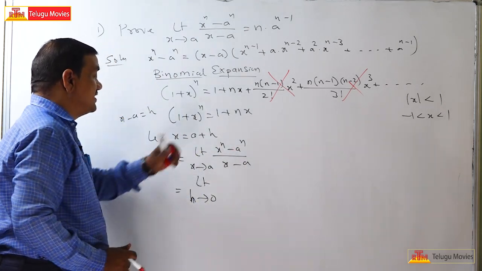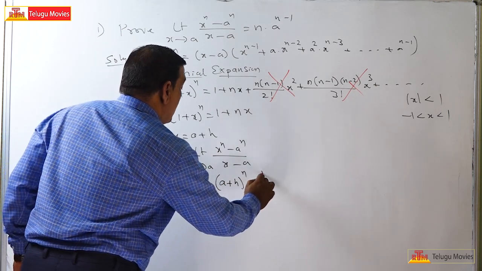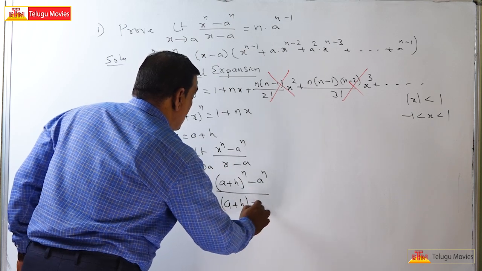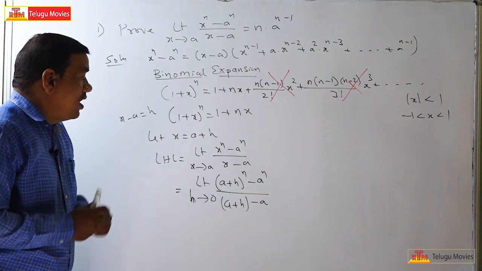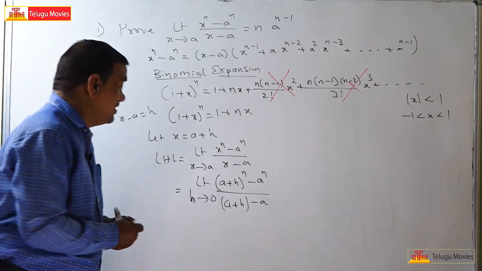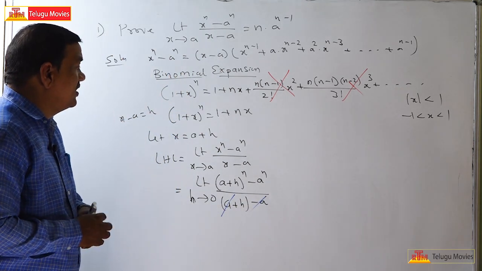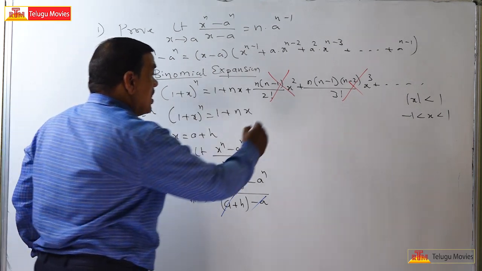In place of x, substitute a + h: limit h tends to 0 of ((a + h)^n − a^n)/((a + h) − a). Any more constants we can cancel? Yes, minus a plus a we can cancel. In the numerator, can I take a^n common outside?